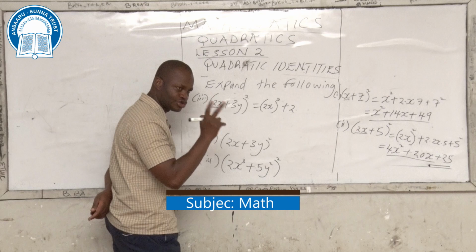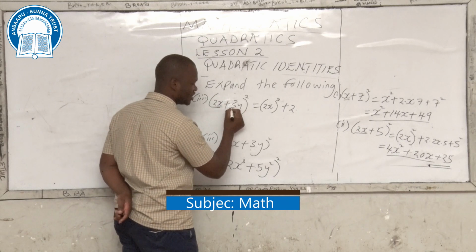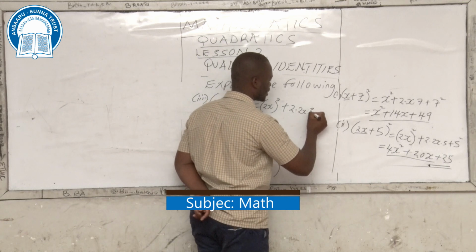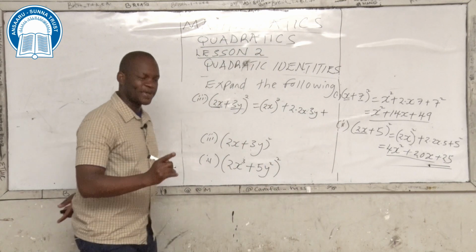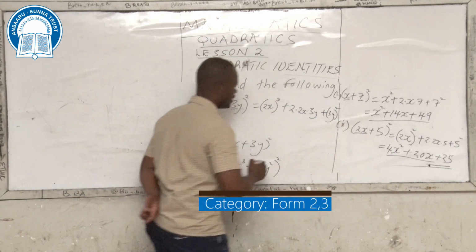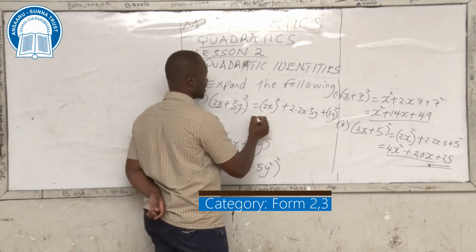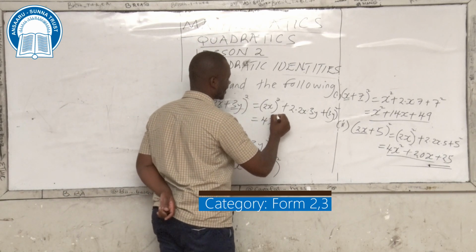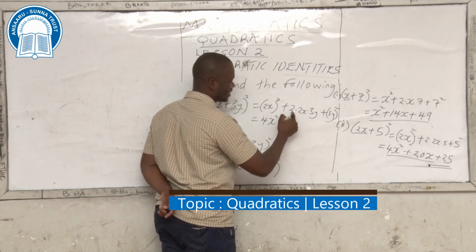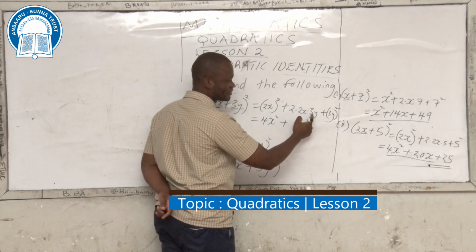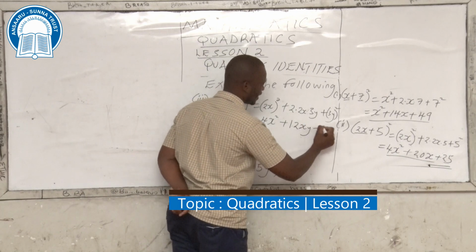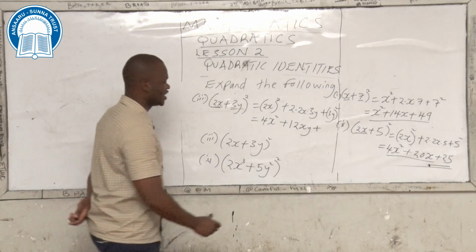Remember, there are only 2, that is 2x and 3y. So 2 dot 2x dot 3y plus the square of 3y. So what's our final outcome? The outcome will be 4x squared, of course, the 2 affecting both 2 and x, plus 2 times 2x times 3y. If you are keen, the outcome will be 12xy. Then lastly, what we have?